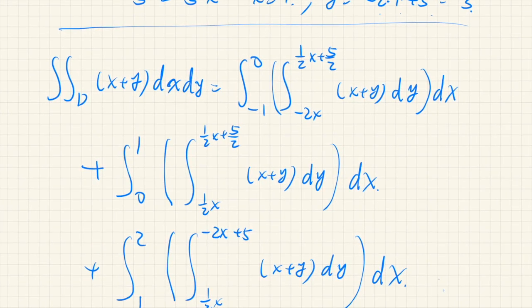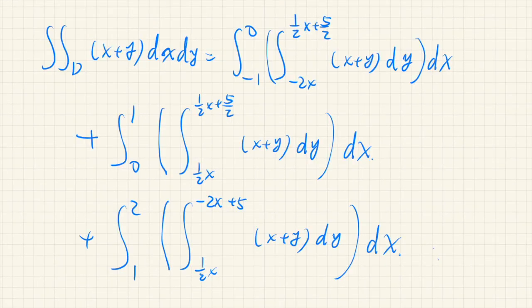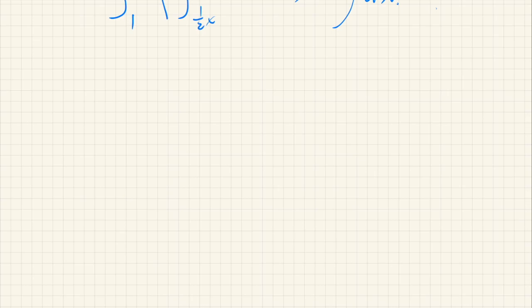But here we try a different way by changing variables. So let's redraw the region D again. So this and this from origin, and that was 2 and 1, and negative 1 and 2. So actually this is a square.